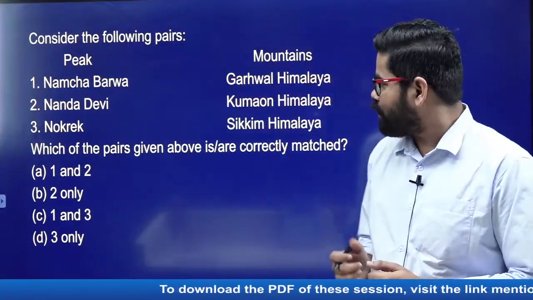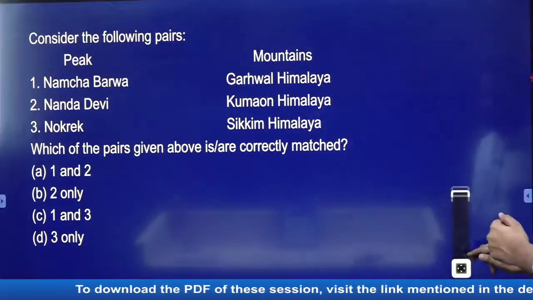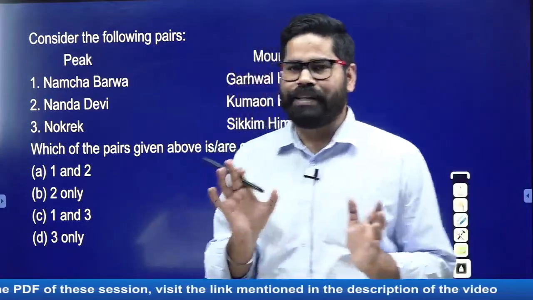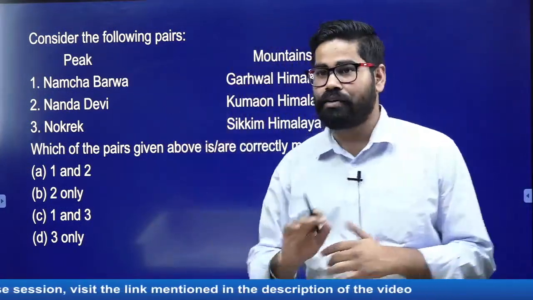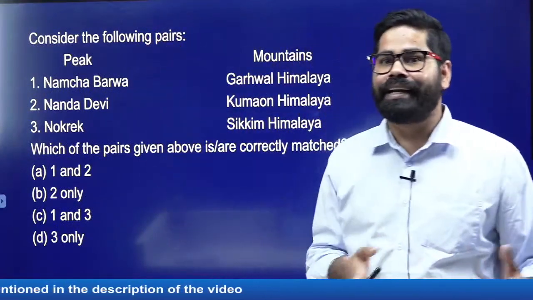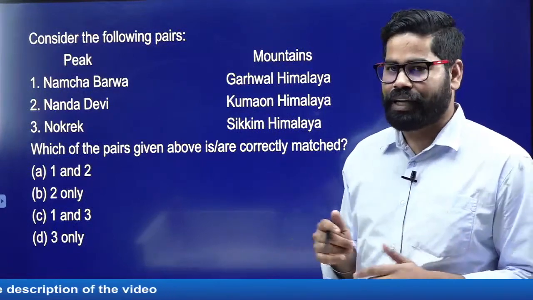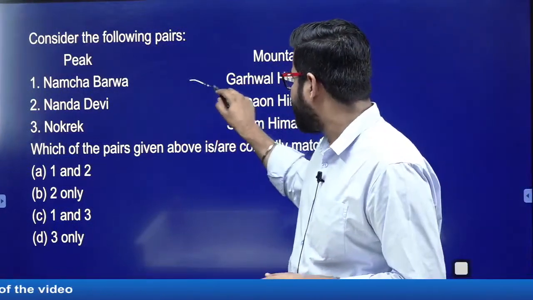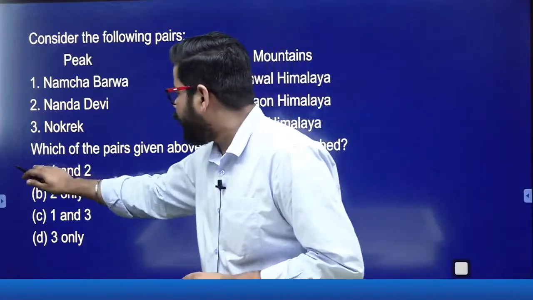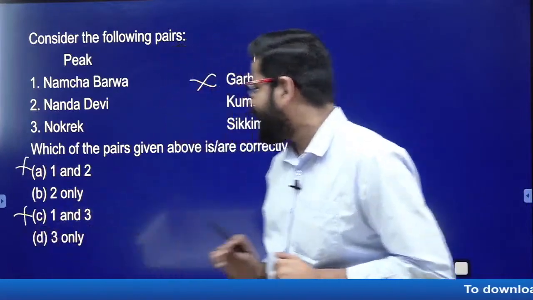Let's see this one by one. When we talk about Namcha Baba, it is very clear that this is in the Arunachal region, from where the Brahmaputra river enters India. So this is definitely incorrect, and options A and C can be easily eliminated.